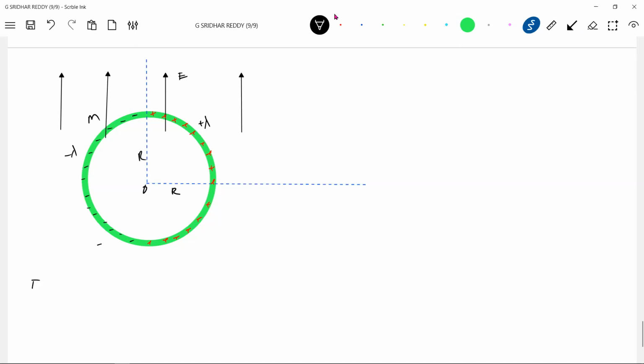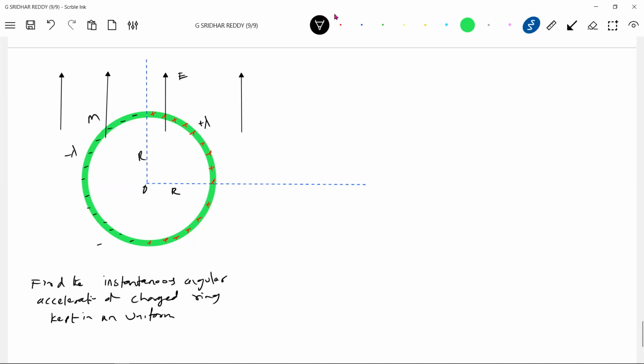Take the question: find the instantaneous angular acceleration of a charged ring kept in a uniform electric field.